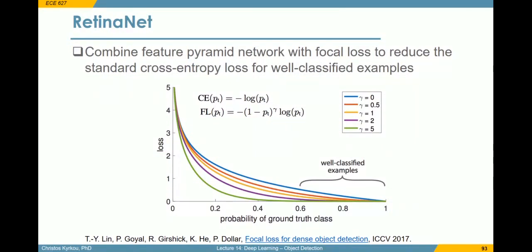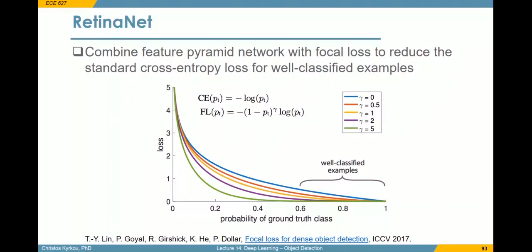So as you can see on the graph here, for well-classified examples, for gamma equals 0, we have the top curve. And as gamma increases, then the value goes down. So we only remain with examples that are not classified confidently, let's say. And this can help the optimization to focus more on those samples.